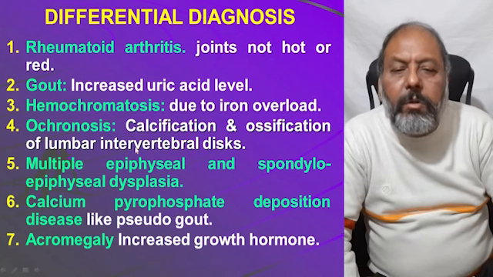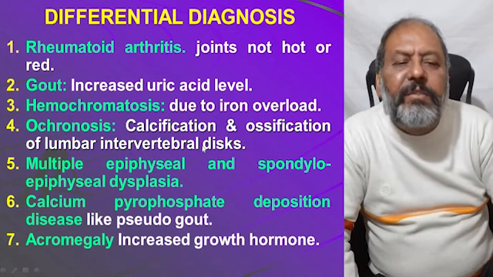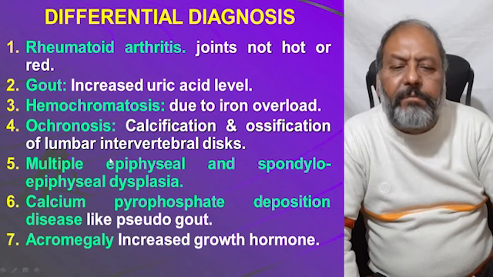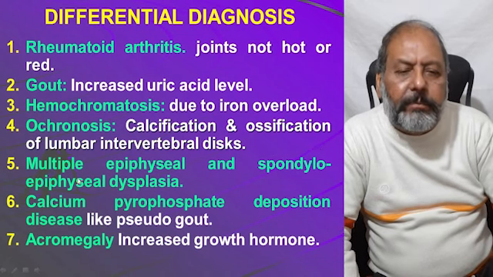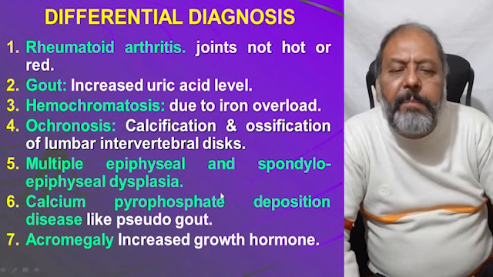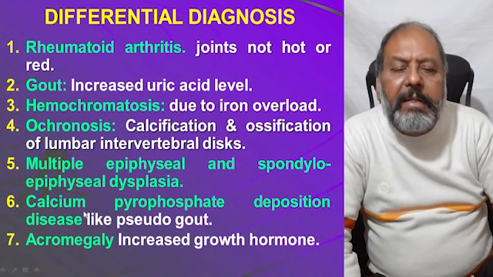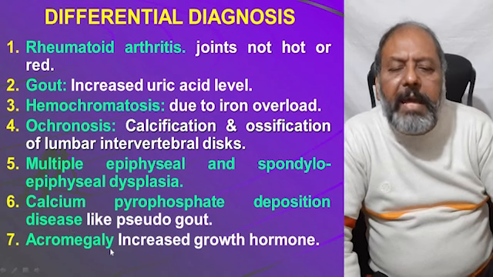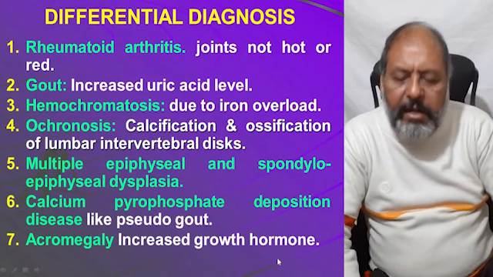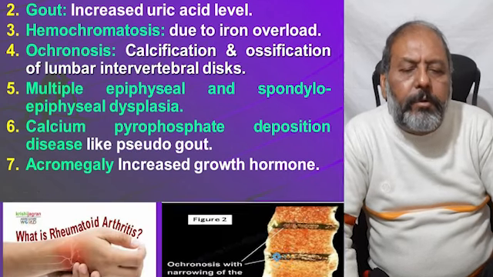Ochronosis, where there is calcification and ossification of the lumbar intervertebral discs. Multiple epiphyseal and spondyloepiphyseal dysplasia. Calcium pyrophosphate deposition disease, like pseudogout. Then acromegaly, where there is increased growth hormone.